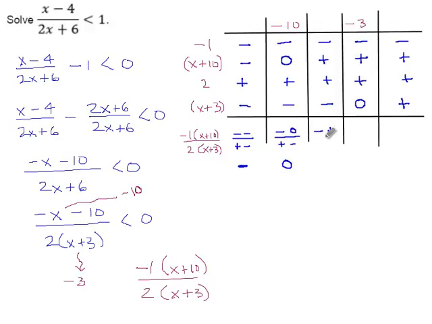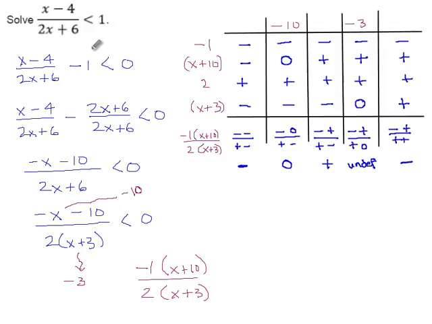Negative times positive over positive times negative. That's negative over negative, which is actually plus. Negative times positive over positive times 0 is undefined. Zeros in the denominator are death, so as soon as you see one of those, you're undefined at that point. And here we get negative times positive over positive times positive, which comes out negative.